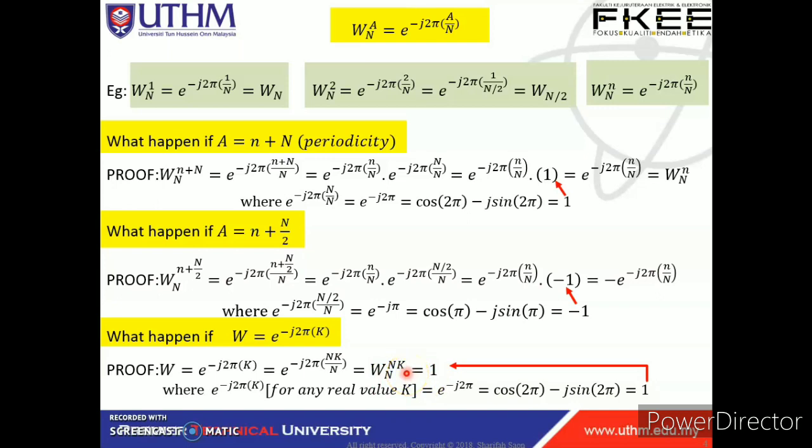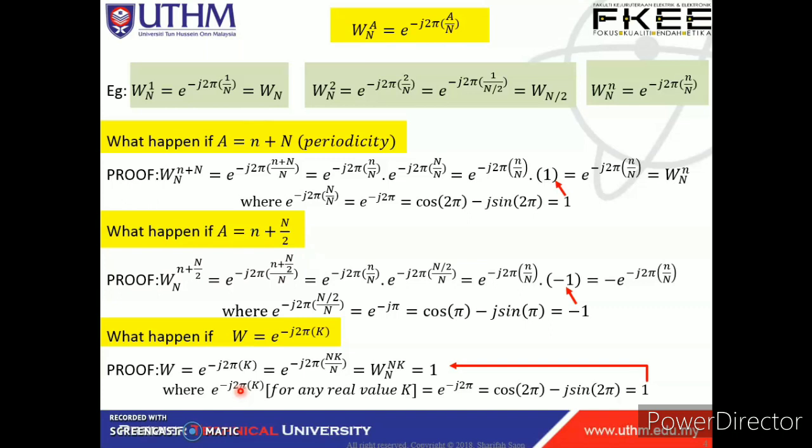Can we simplify this equation? As written here, exponent negative j 2 pi multiplied with k. For any value of k, for example k equals 1, we will get 2 pi. If k equals 2, we will get 4 pi. If k equals 3, it will become 6 pi.